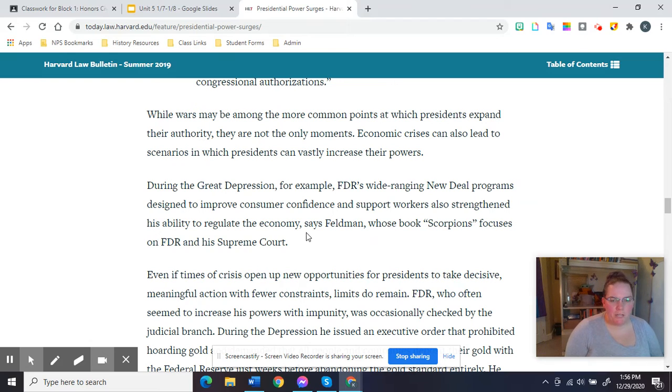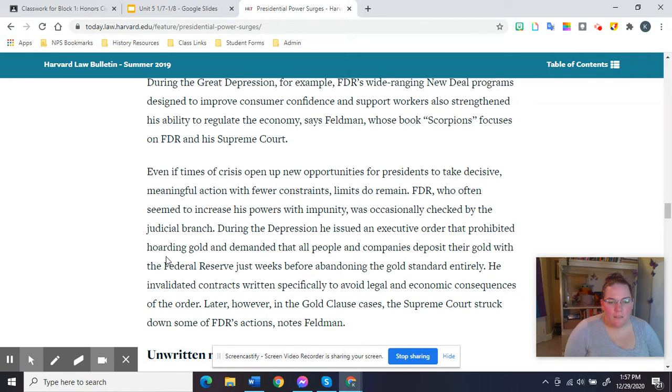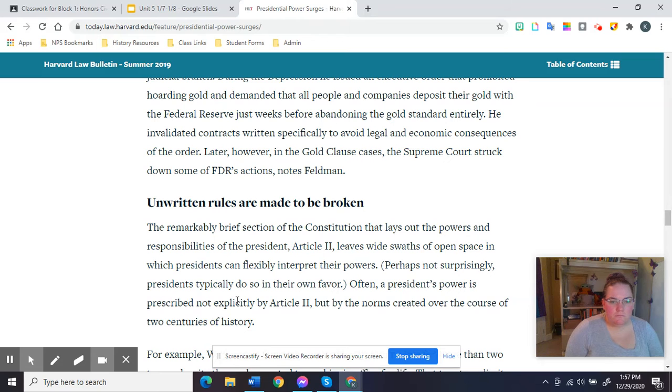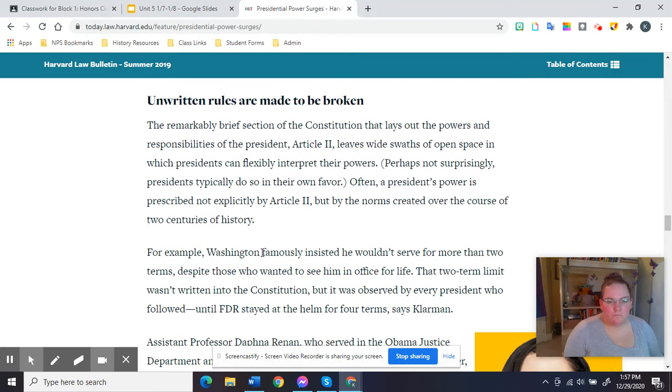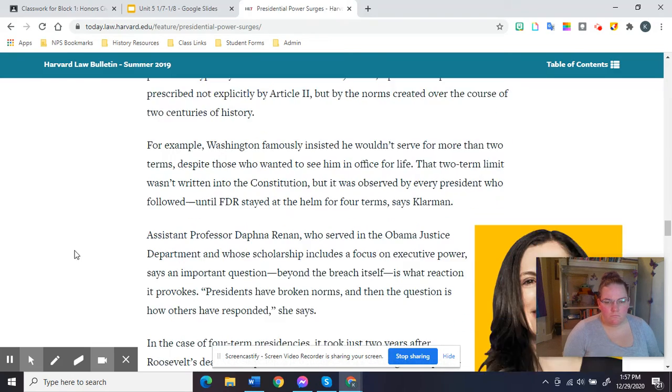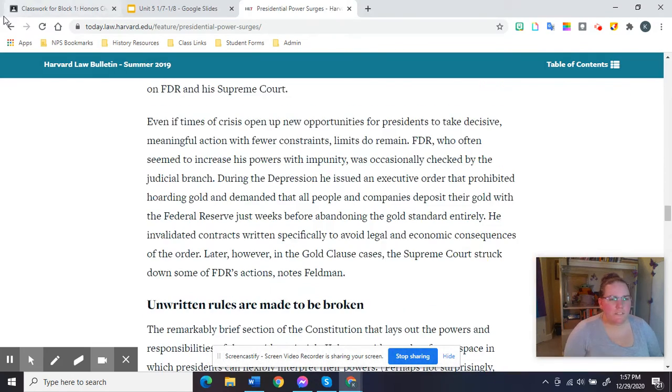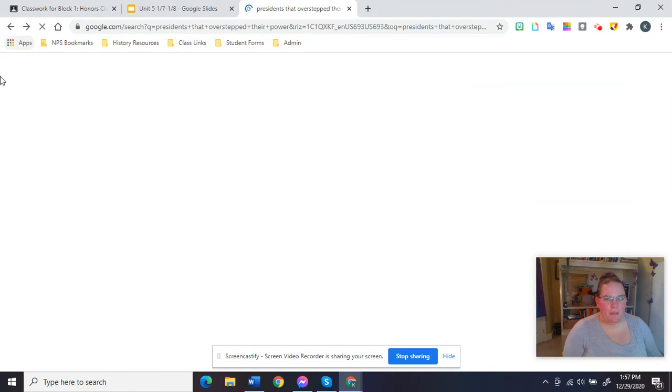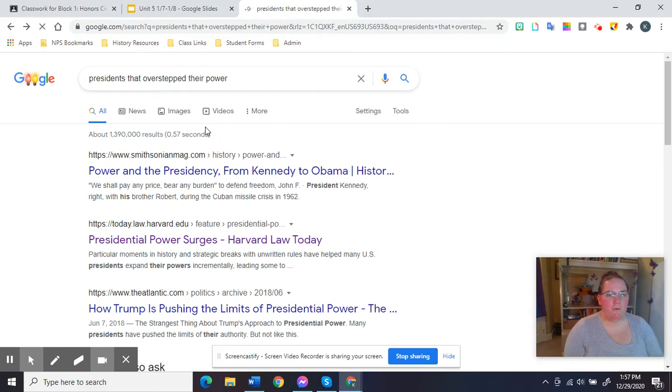Okay, so during the Great Depression, for example, FDR's wide-ranging New Deal programs designed to improve consumer confidence and support workers also strengthened his ability to regulate the economy. And just sort of see if you can find a clear example of a president overstepping their power or something you think is an overstepping of power.